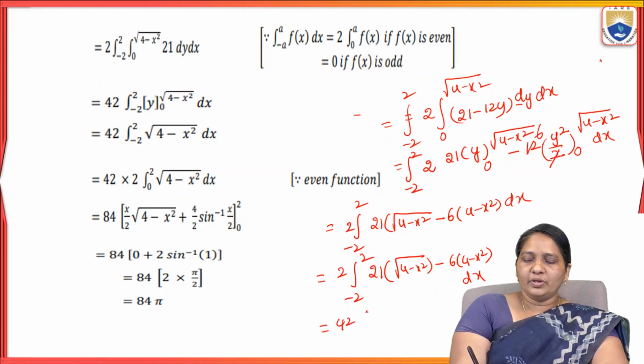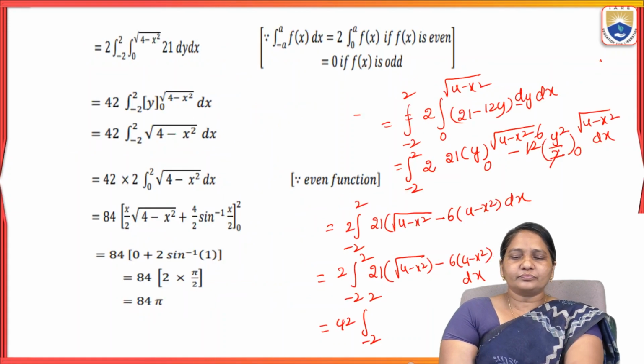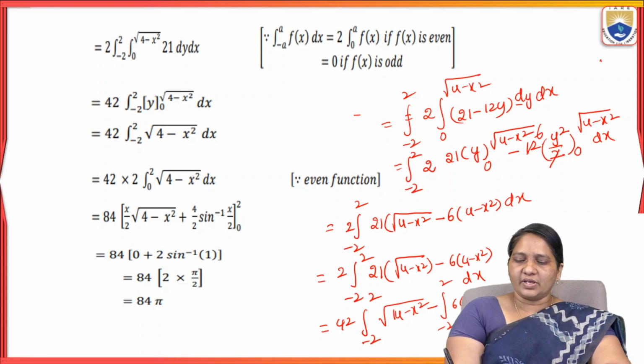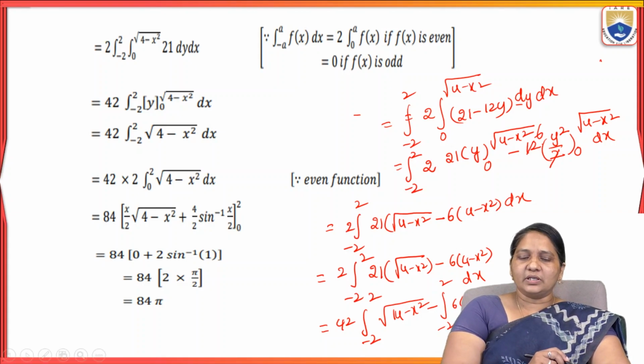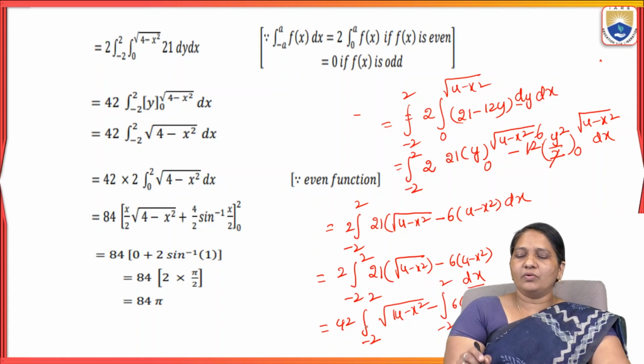So 42 integral minus 2 to 2 of square root of 4 minus x square, minus integral minus 2 to 2 of 6 into 4 minus x square into dx. Here we are getting an odd function, and if it is an odd function, we can write this as 0. So that's why we got only the first.